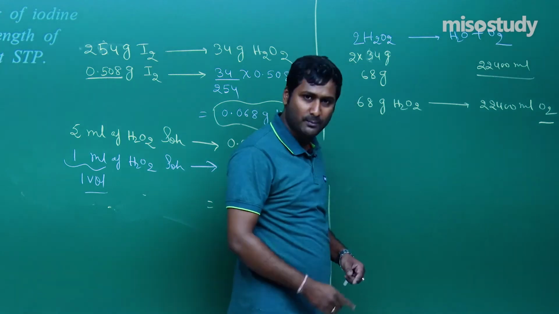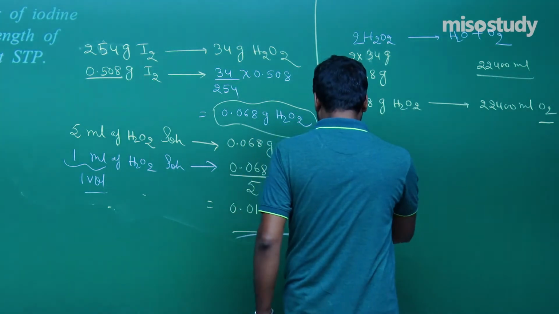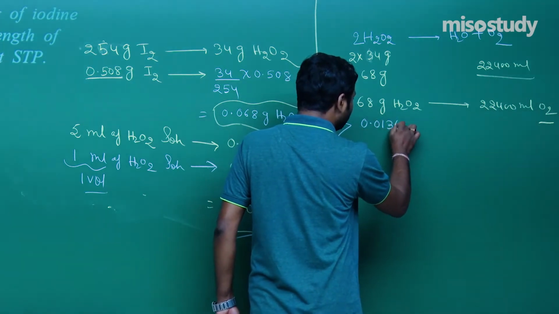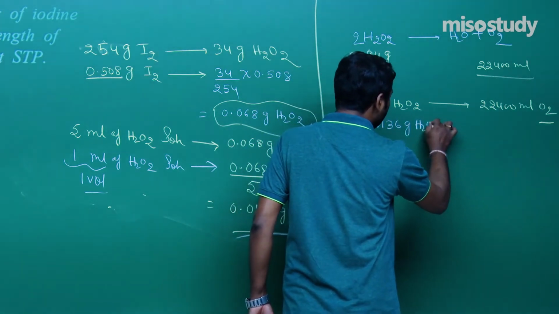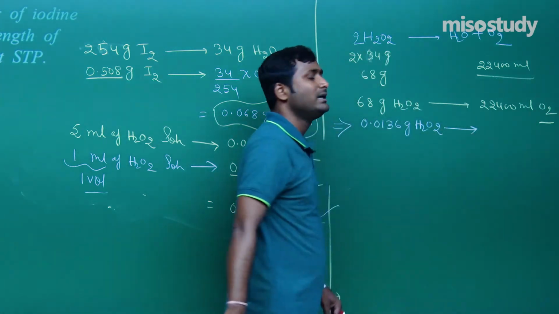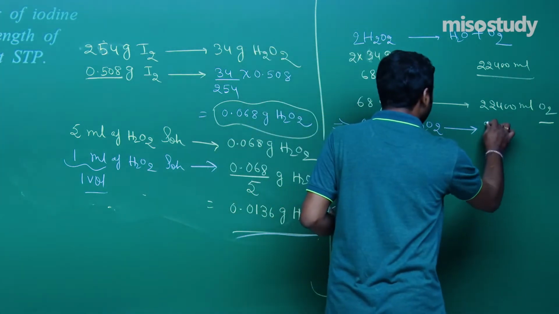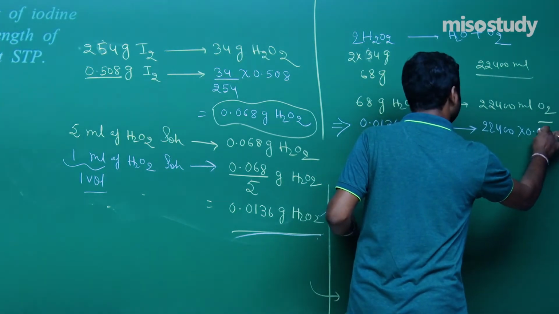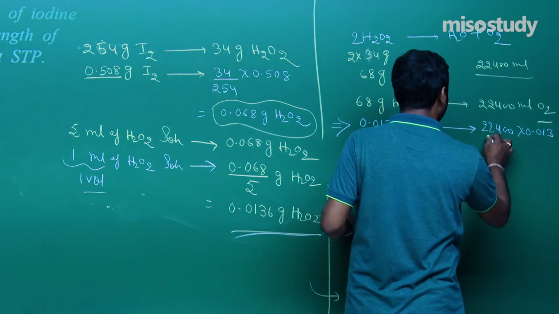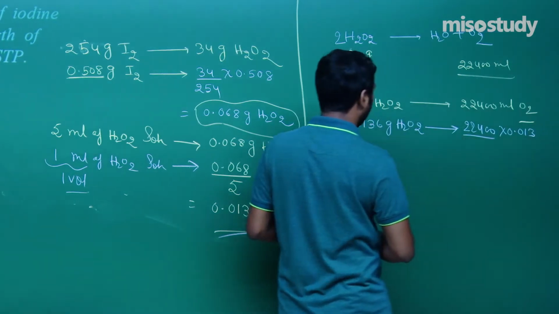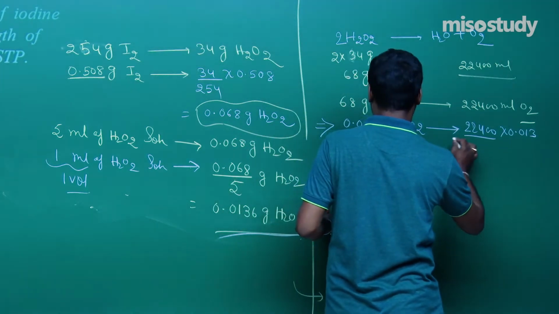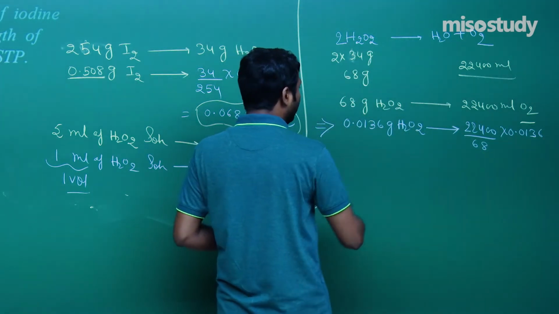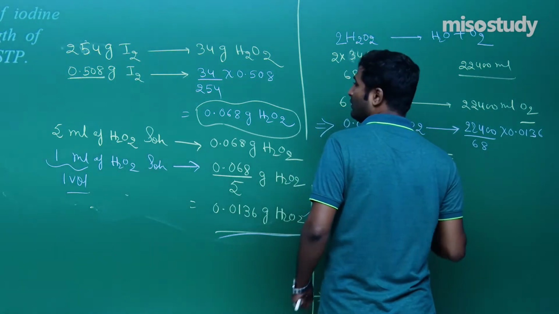In terms of O2, we measure the volume strength. And now according to the question, how much amount do we have? 0.0136 gram H2O2 gives you 22400 into 0.0136 divided by 68.